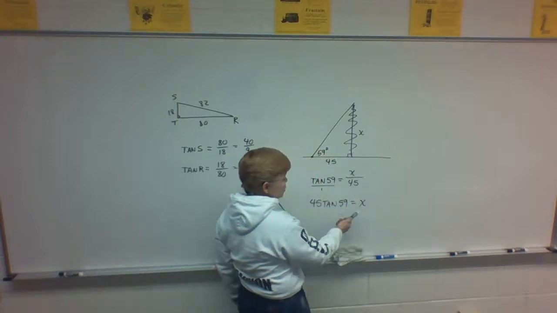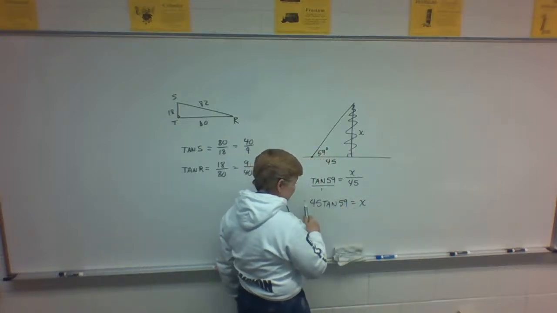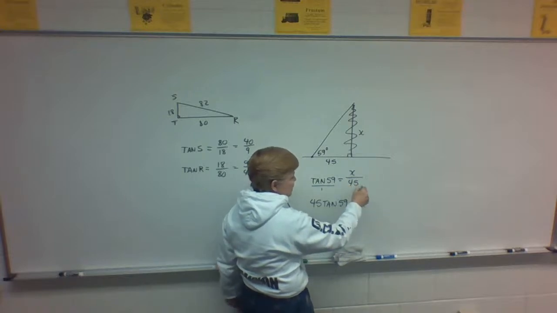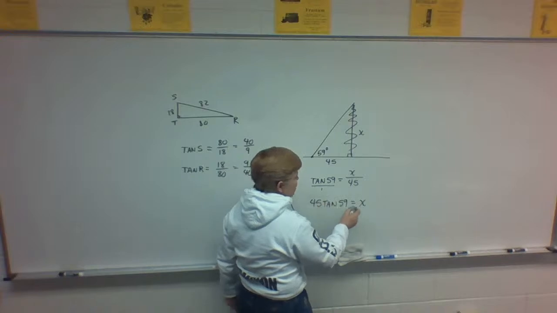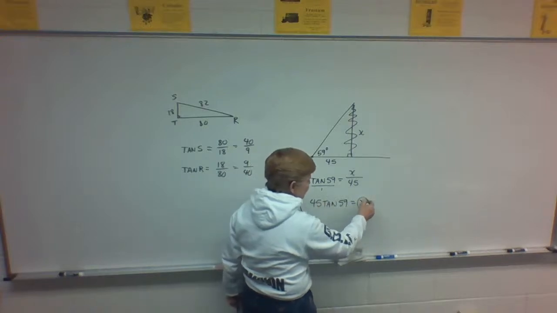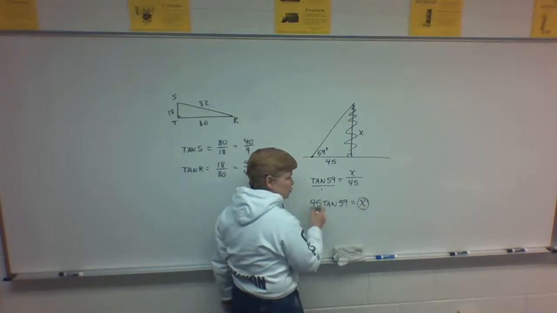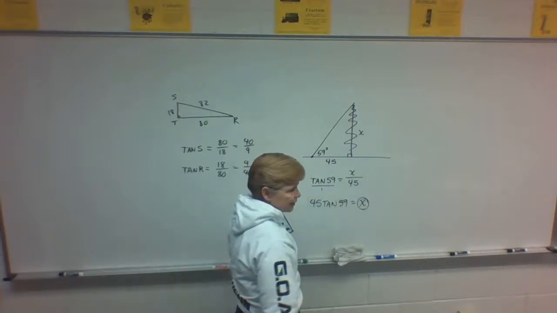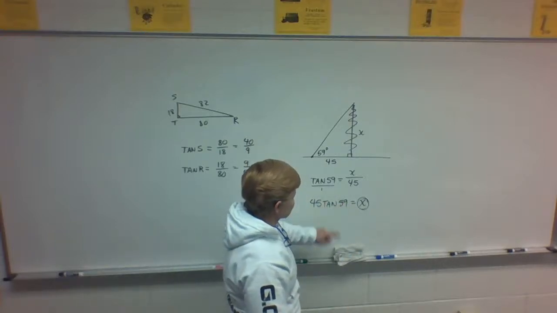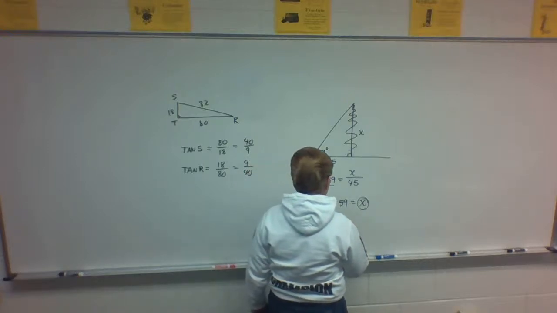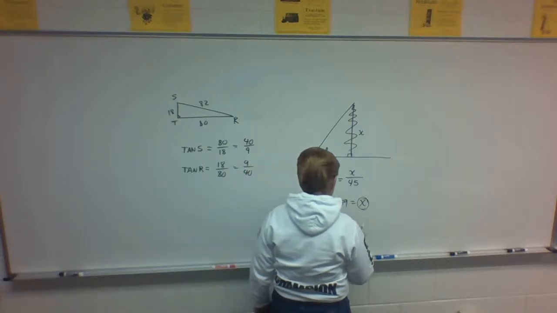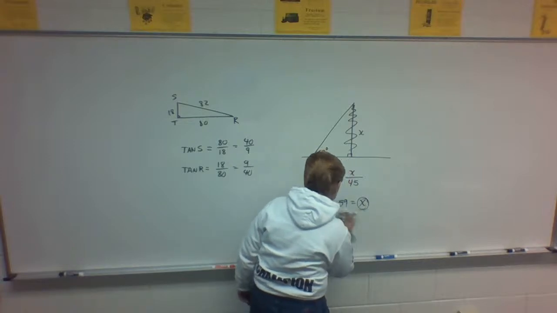Happily on this one, there's no division required, because the number ended up in the denominator. We were able to just multiply by the tangent of 59. Once x stands alone and you've done the algebra, you can grab your calculator. In this case, it's a multiply. So you take 45 times the tangent of 59 and you get 74.89. So 74.9, nearly 75 feet. I'm just going to say 75 feet.